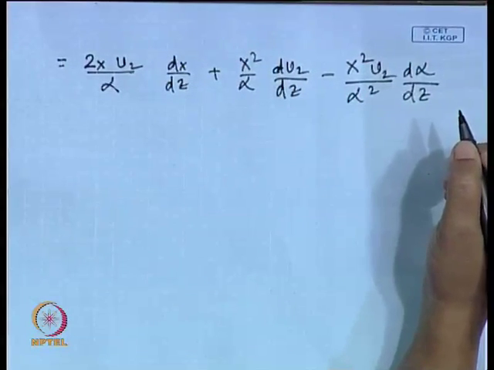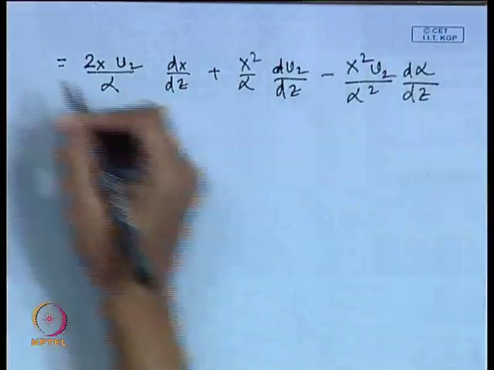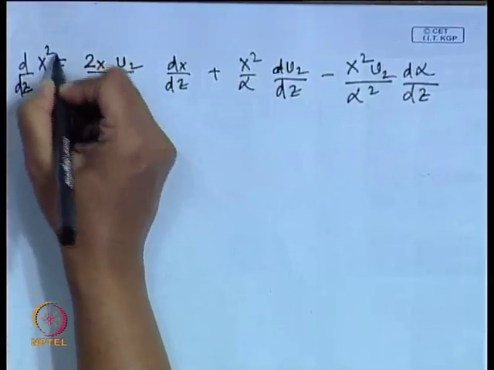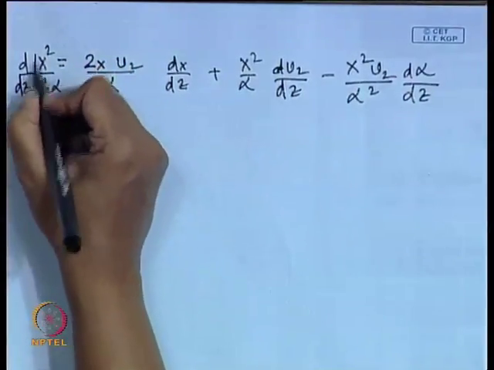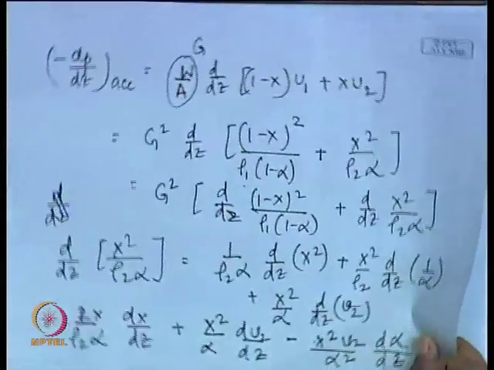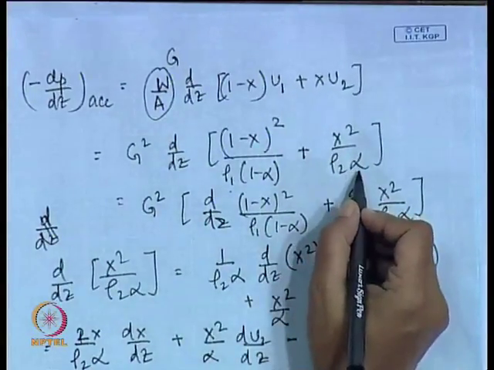Fine, just the thing which I had derived. Agreed? This is equal to d dz of x square by rho 2 alpha. Fine. So, this was one particular term in the acceleration pressure gradient.